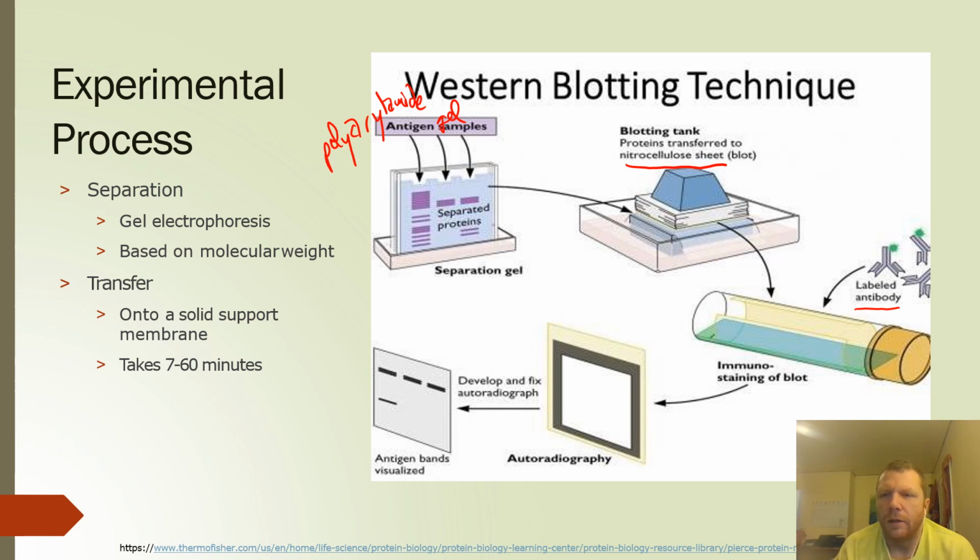Now that antibody could be a radioactive antibody with a radioactive label, or more commonly there's a fluorescent label on that antibody, so you don't have to use radioactivity to tell whether or not a protein is present on a membrane.